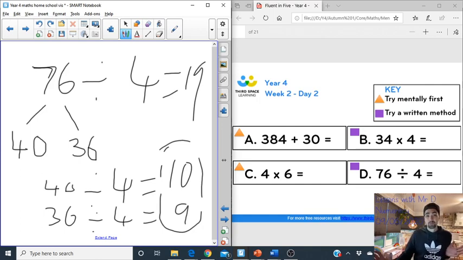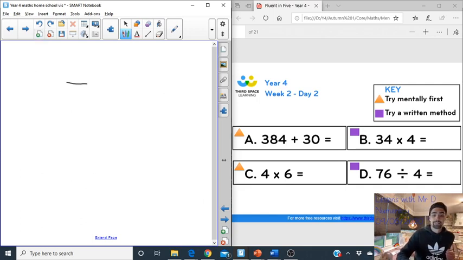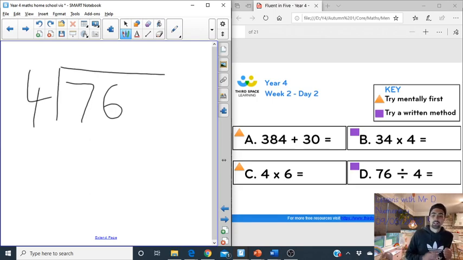Some of you might be exploring the bus stop method. And that looks a little bit like this. We have 76, we have our whole, we do our bus stop, and then we put the number we're dividing outside. So then you've got to ask yourself, how many 4s are there in 7 10s?